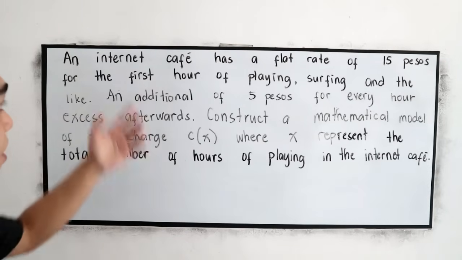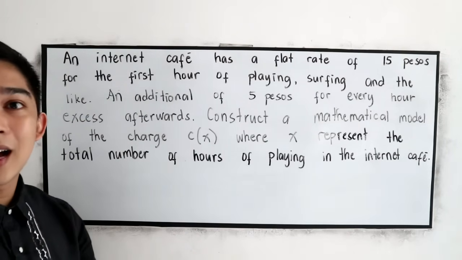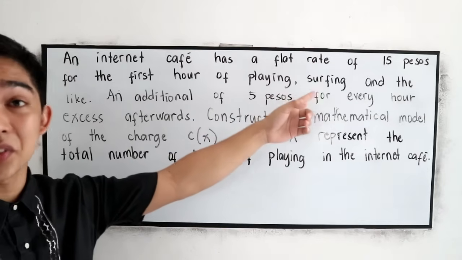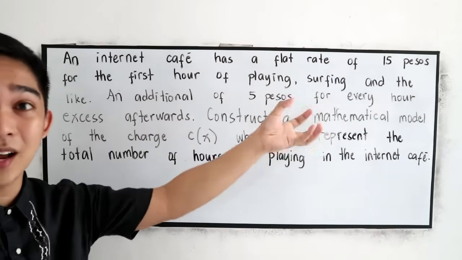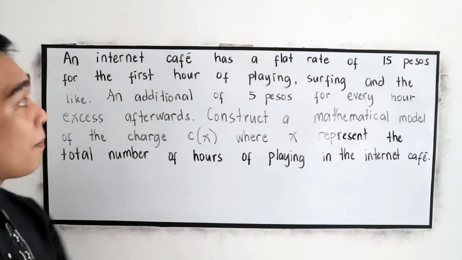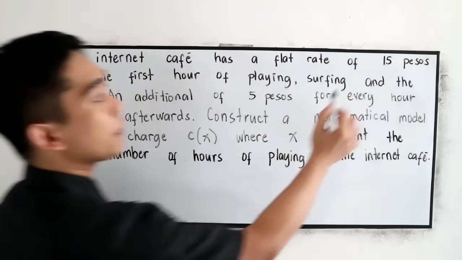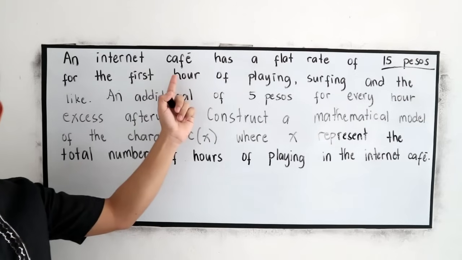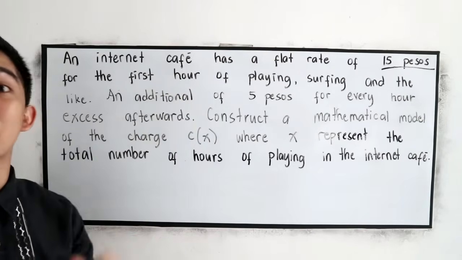So, meron daw internet cafe na kapag naglaro ka doon o nag-surf o kahit ano, basta gagamit ka, magbabayad ka ng 15 pesos in the first hour. Okay, sa unang oras.